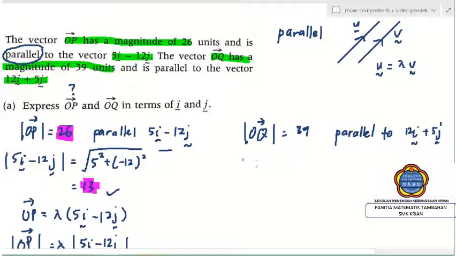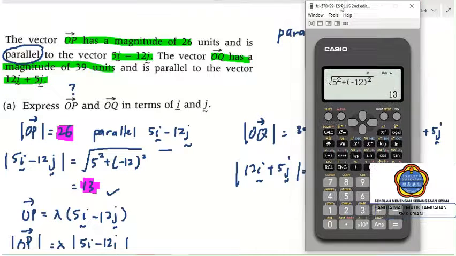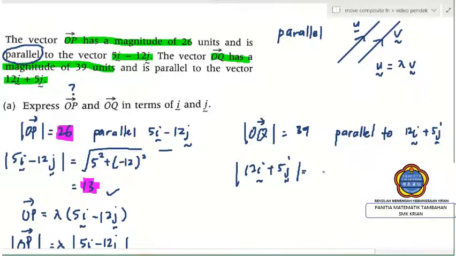Okay, and get the magnitude of 12i plus 5j. Still we get the same answer actually, because we just change the negative 12 to positive 12. Okay, the answer will also be 13.